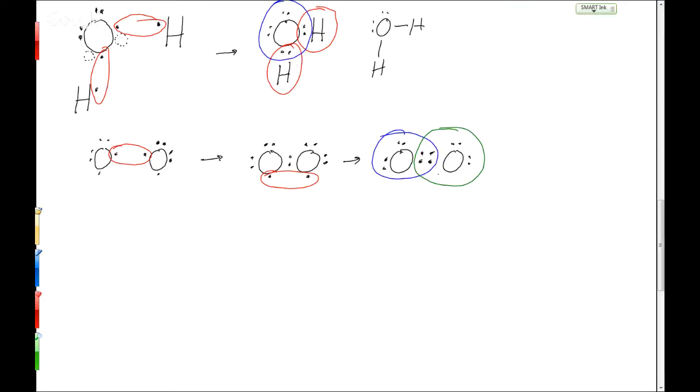But just to get an idea of what these covalent bonds are and what that means, we would draw this like this. And that would be called, however you express it, a double bond, meaning 2 pairs of shared electrons. You can also have a triple bond, which is 3 pairs of shared electrons.